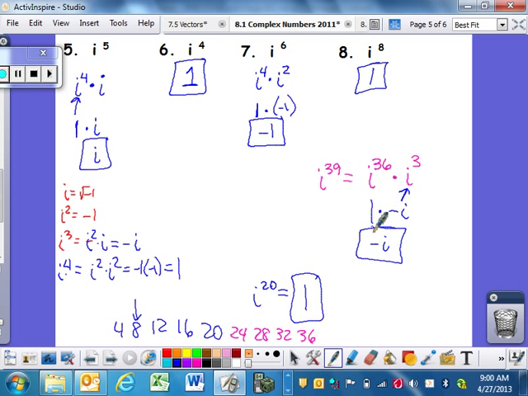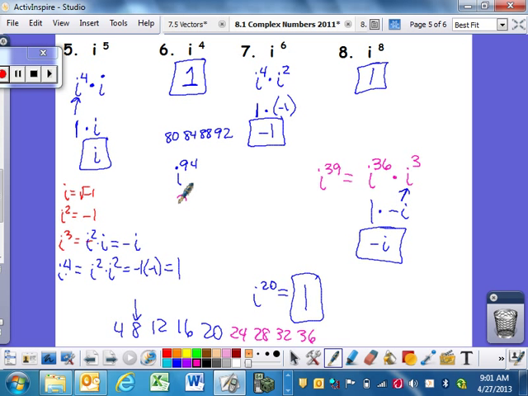So the trick is, as long as you can remember these first 4, you literally can do any of them by just thinking about, okay, what number does 4 go into closest to my answer? One more, for instance, i to the 94th power. If I can give you something that massive, think about, okay, 4 I know goes into 80 for sure. So 84, 88, 92. Okay, so 4 goes into 92.